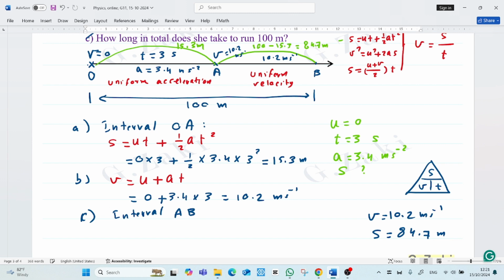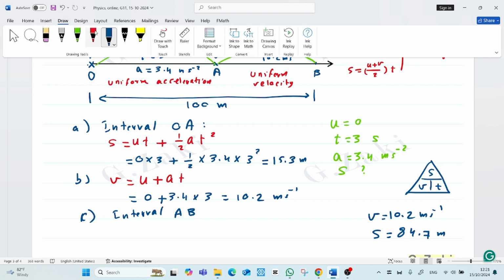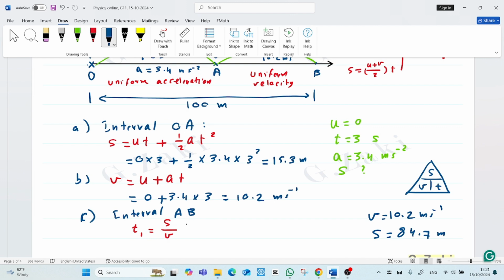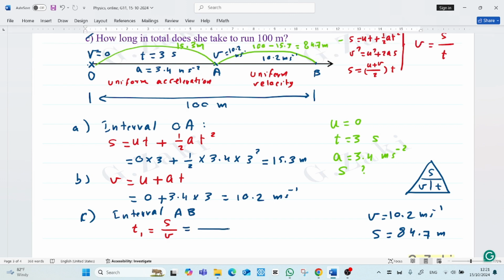Then the time in that interval, we can say this is T2, so the time equals S over V. S is the displacement in that interval, which is 84.7, divided by V, which is 10.2. The answer is 8.30 seconds. Then what is the total time?